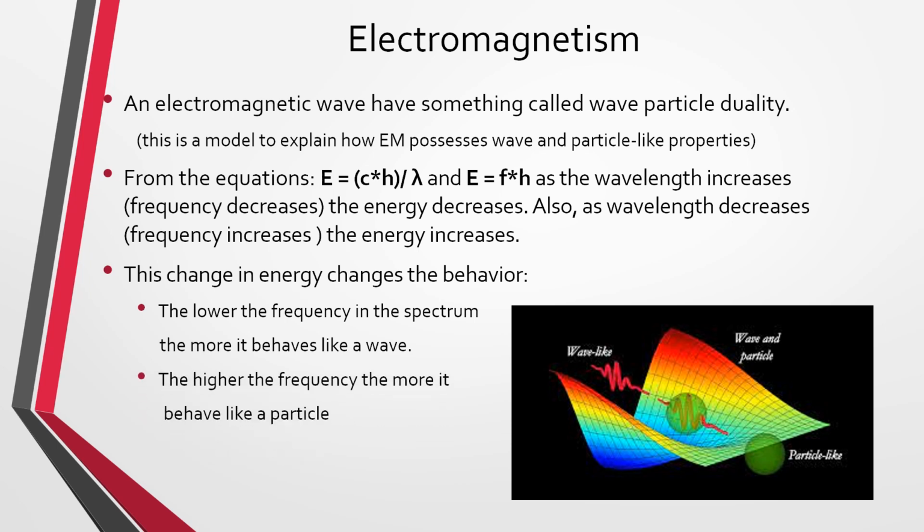The higher the frequency, the more it behaves like a particle. So higher frequency ones are like gamma rays and X-rays, and they behave more like a particle. And the middle frequencies behave kind of like a wave-particle at times. So they can behave kind of as both when the experiments are run on them.